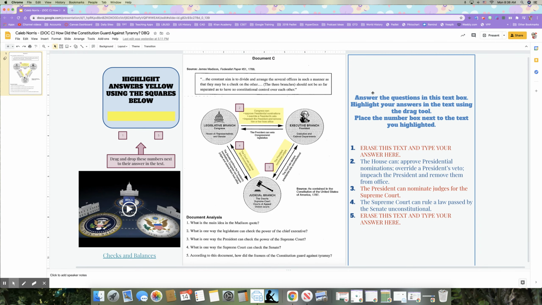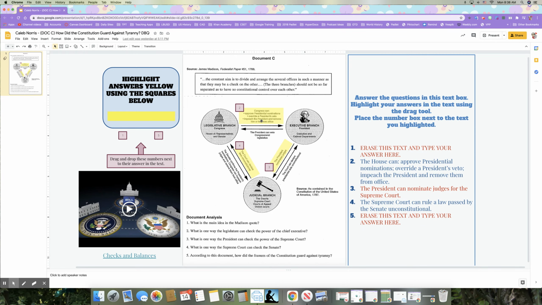And you can also see in the graphic below, the legislative branch checks the executive branch by, as we have highlighted here, approving nominations, overriding a veto, things like that, okay? And to continue, the executive branch checks the judicial by nominating judges and so on. So that's what a check is.